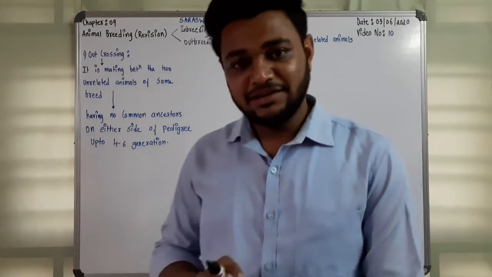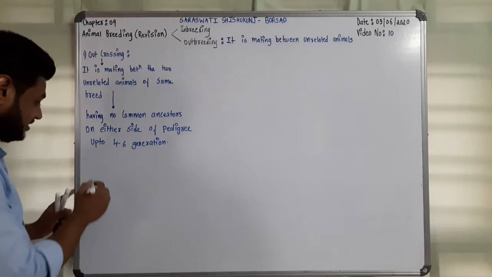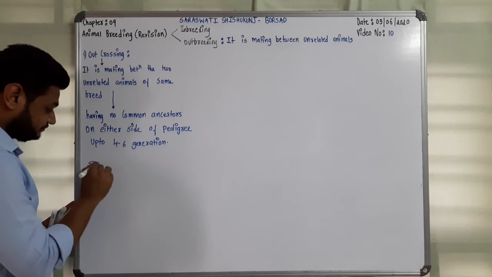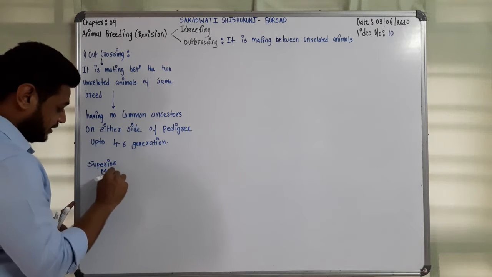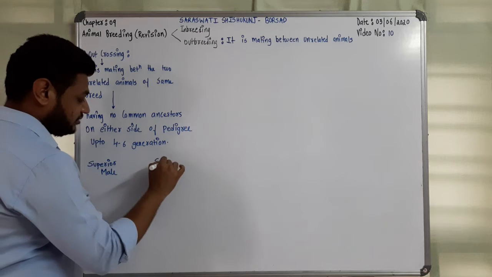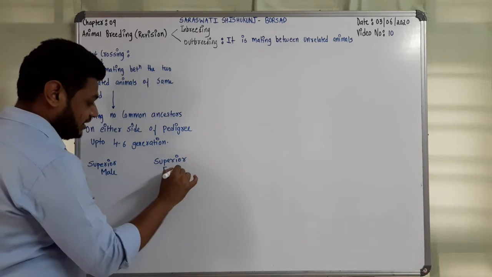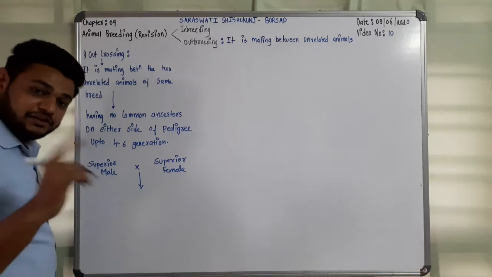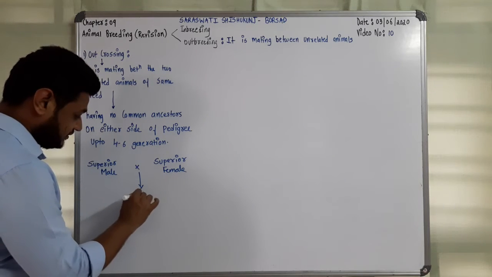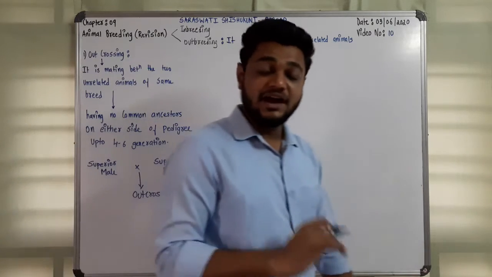Outcrossing is done between two superior males and females. For example, a superior male of one breed is crossed with a superior female of another breed, and the offspring we get is referred to as an outcross.